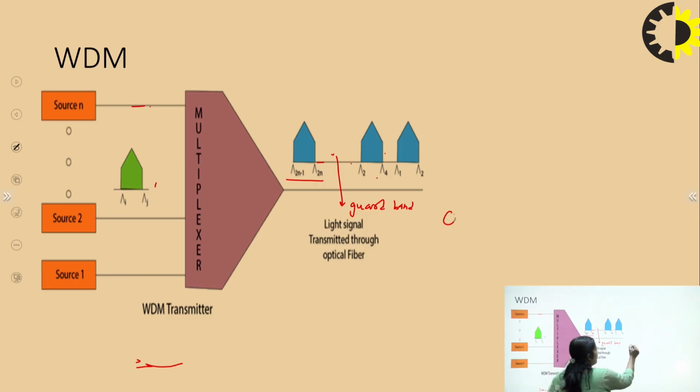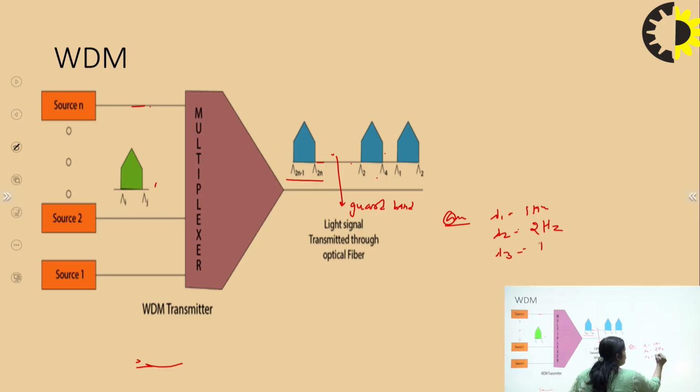Suppose you have frequencies like this: lambda 1 is 1 hertz, lambda 2 is 2 kilohertz, and lambda 3 is 4 hertz.